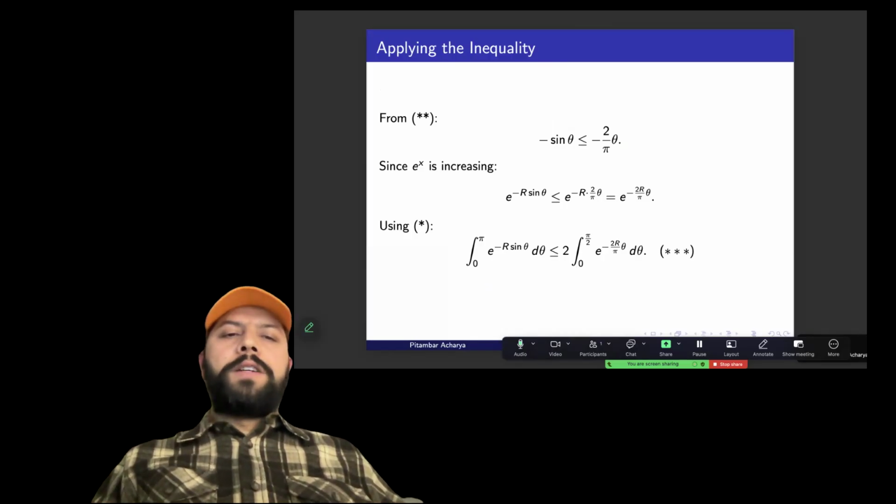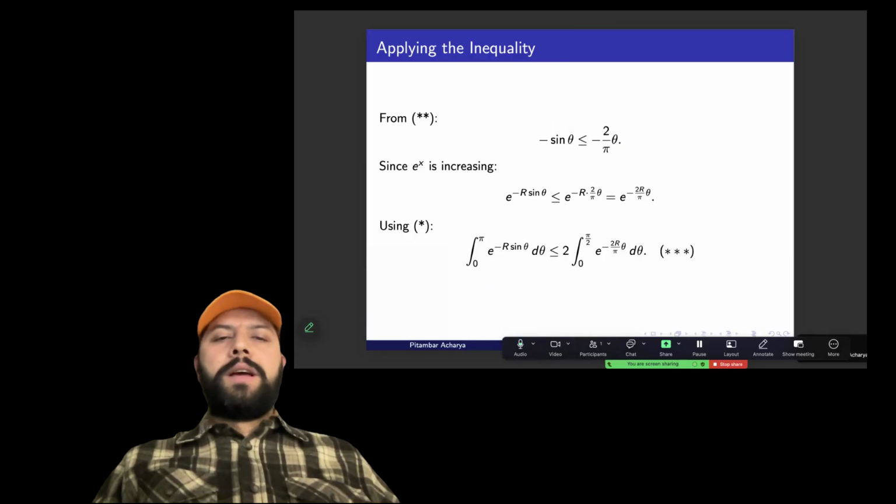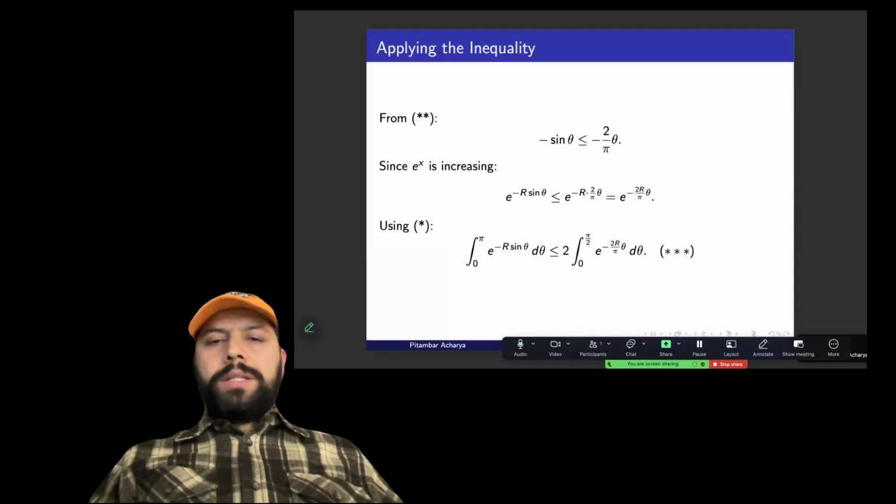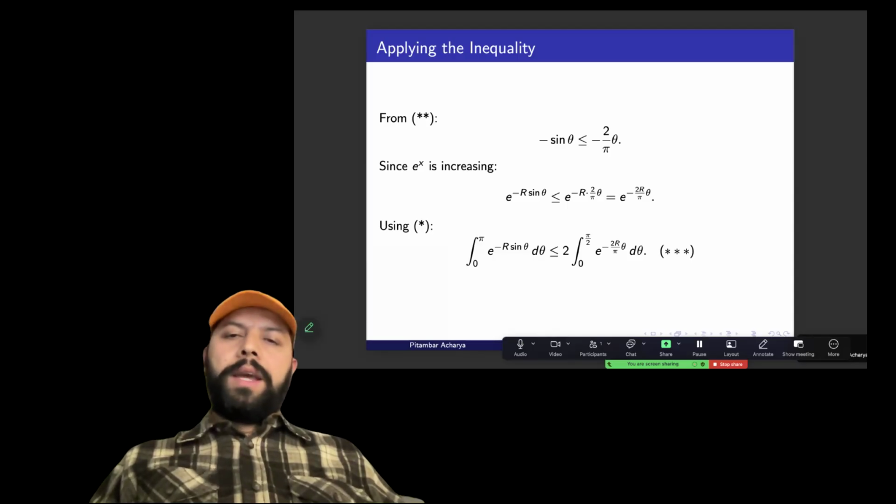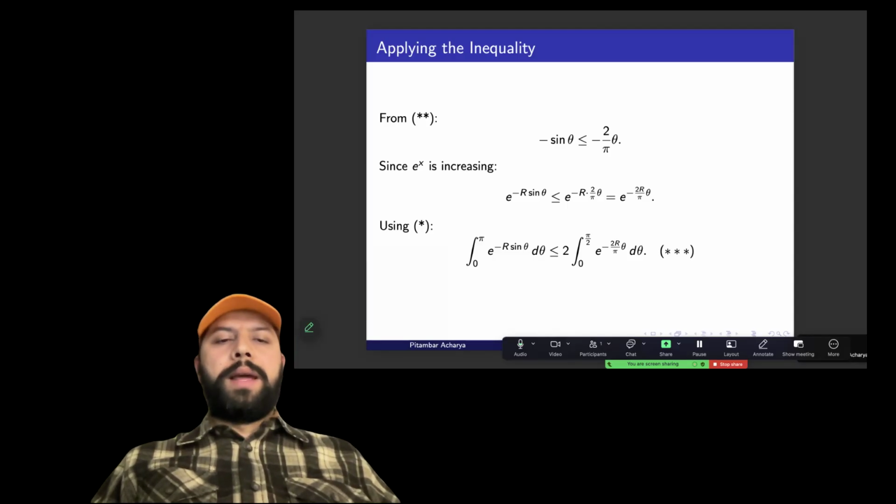Since the exponential function is an increasing function, e to the negative r sine theta is always less than or equal to e to the negative r times 2 theta over pi, which in turn is e to the negative 2r theta over pi.